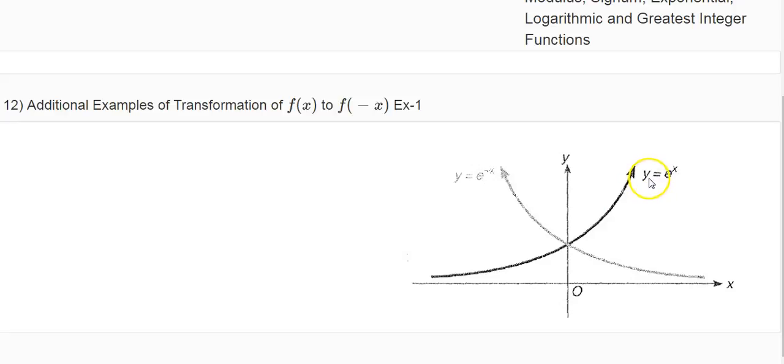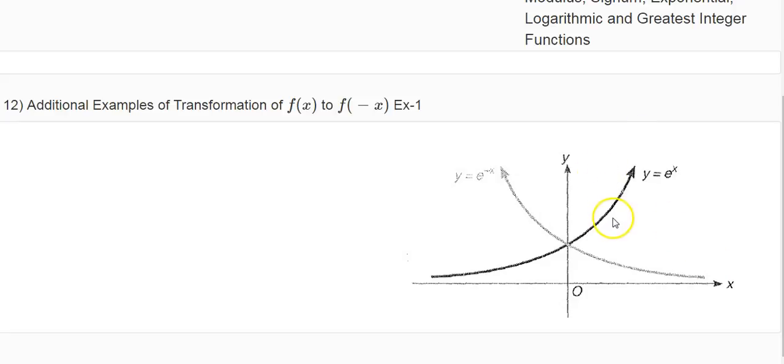In this case, when x tends towards infinity, y tends to infinity, and in this case when x tends to minus infinity, then y tends to 0.